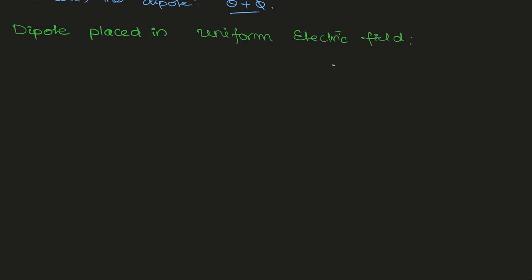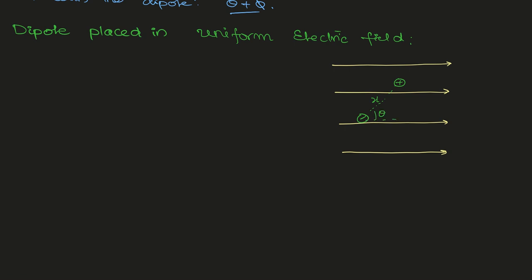Suppose there is a region in which the electric field is directed along the positive x-axis, in which a dipole is placed at some angle. Dipole means it will have a positive charge and a negative charge. If this length is 2L, it is making an angle theta.